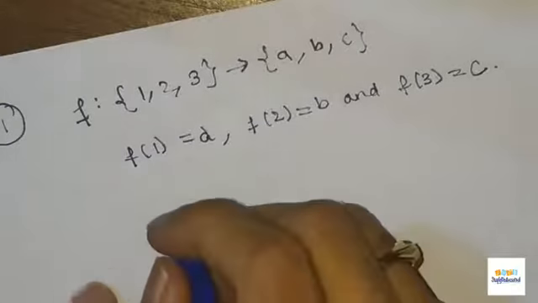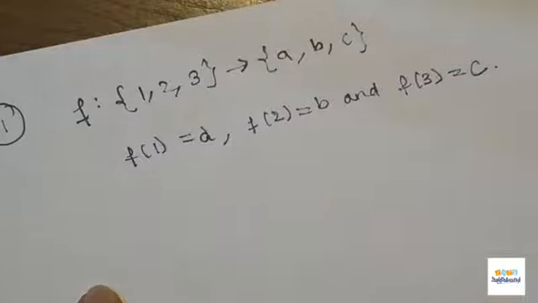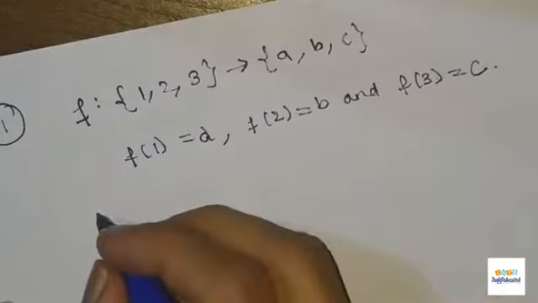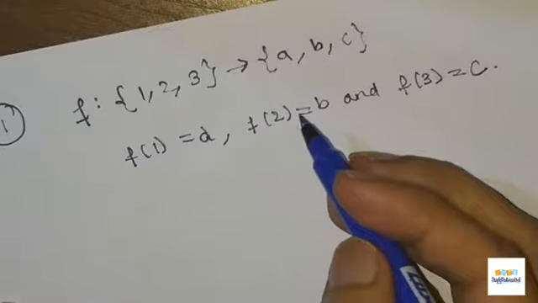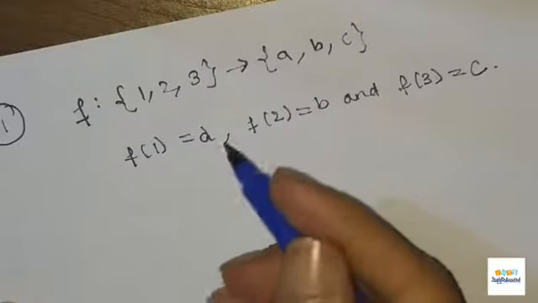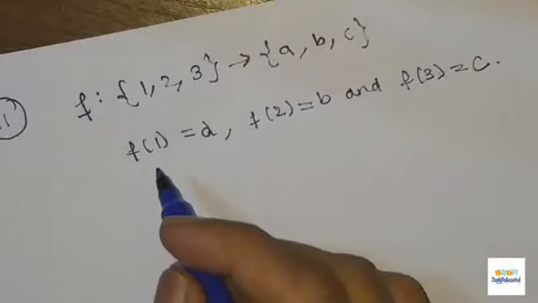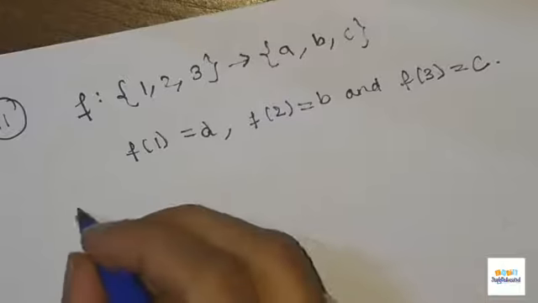Now we have to find f inverse. So first we have to define what is f inverse. Let us try to define f inverse directly, because you don't have an expression for the function here, fx equal to something like that. So we have to directly define our f inverse.